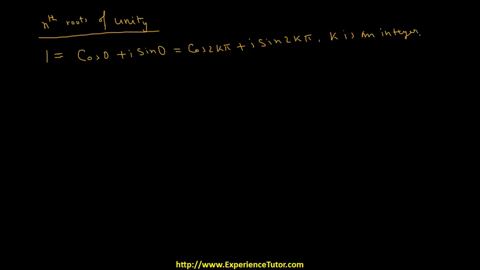Therefore, we can write 1 to the power 1 by n is equal to (cos 2k pi plus i sin 2k pi) to the power 1 upon n, which is equal to e to the power i 2k pi upon n.